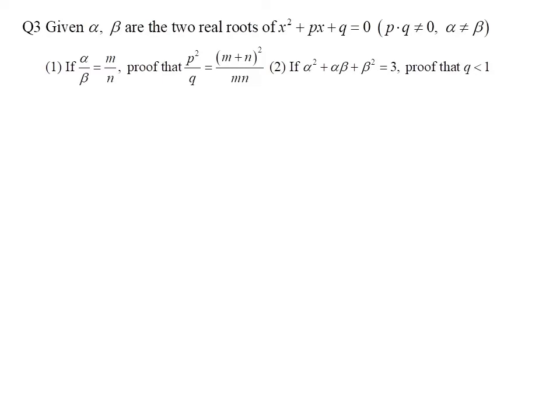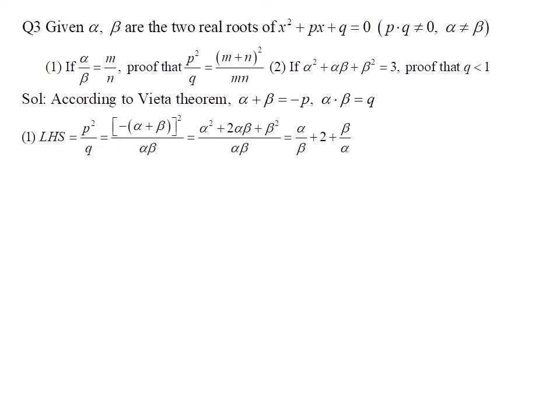The first one is to prove p squared over q is equal to (m plus n) squared over mn, given the criterion that alpha over beta equals m over n. The second question is to prove that q is less than 1, given the criterion that alpha squared plus alpha beta plus beta squared equals 3. We are going to use the theorem to solve both questions.